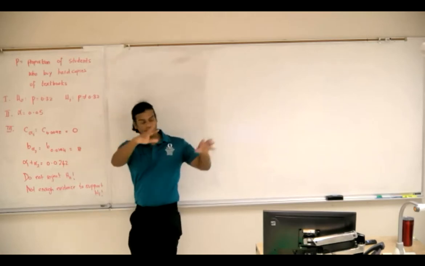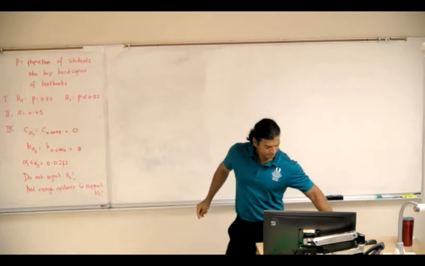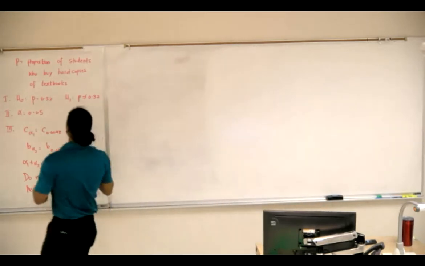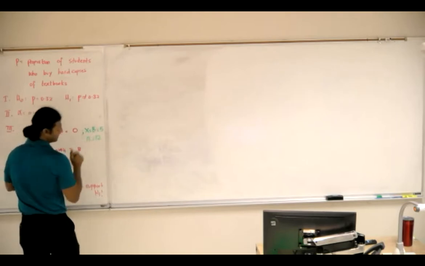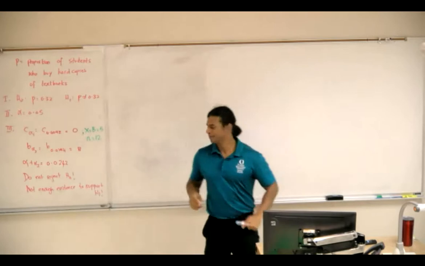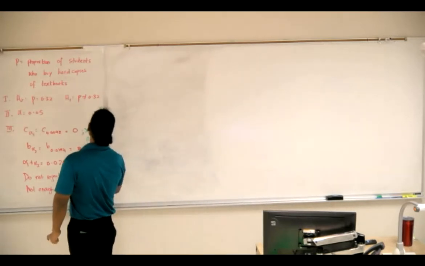We found the distribution. X happened to be 5, I believe, and the test statistic is 5, and n is 12. P hat will then be 5 over 12.